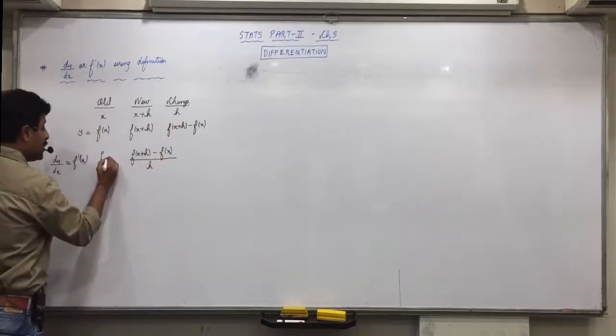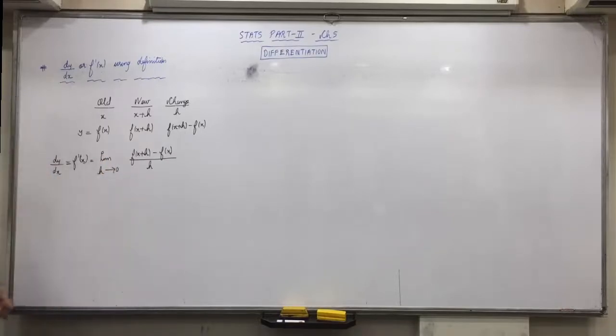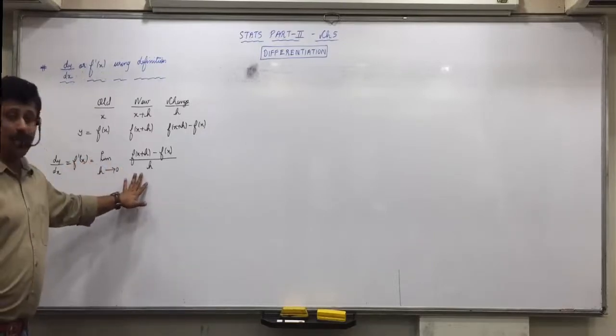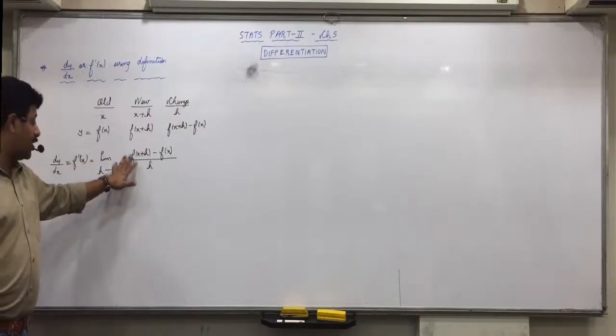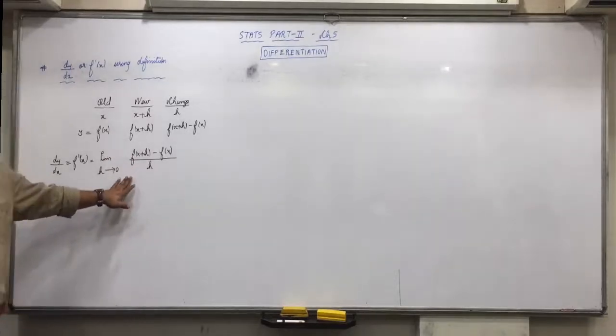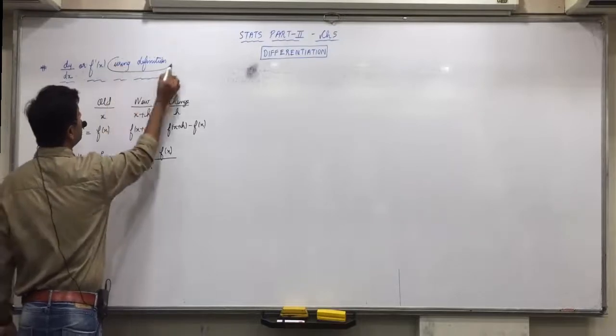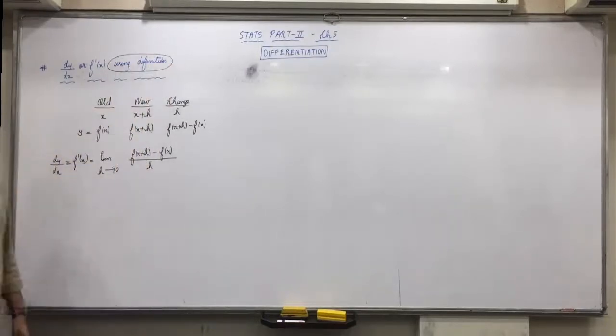And this we have seen using the concept of limits already. Many questions we practiced with this. Limit h tends to 0, f(x plus h) minus f(x) divided by h. This formula will be used to find derivative of y with respect to x, if in the question it is specified to do it using the definition.